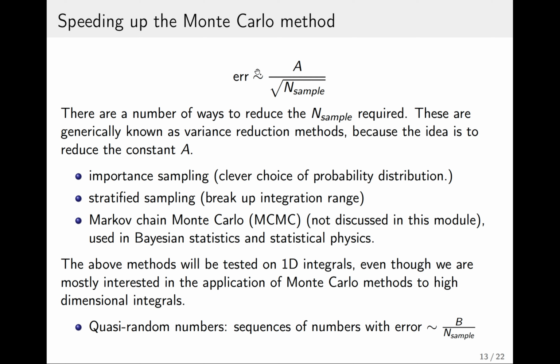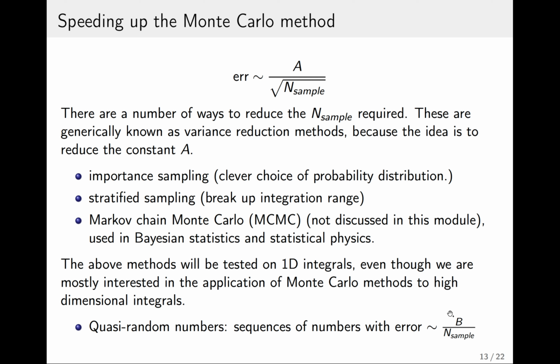Okay, so I said here the error goes like A divided by the square root of n sample. There are actually things called quasi-random numbers that are a bit less random, and those actually have an error like B divided by n sample. So the error goes down a bit quicker. These things are not as random as proper random numbers, and unfortunately this is a sort of approximation.